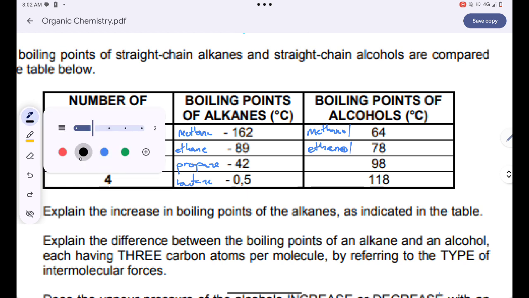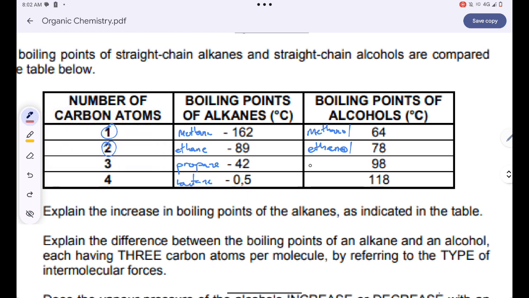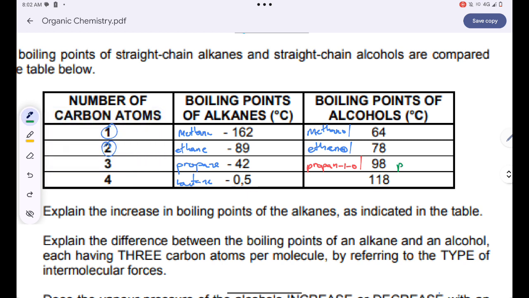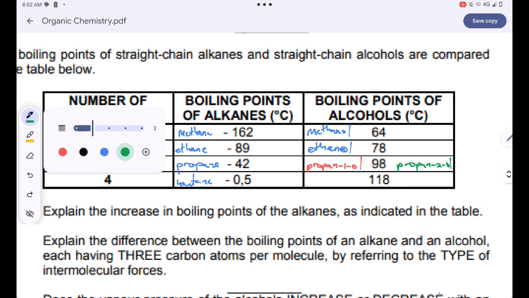However, this can be propane 1-ol, or it can also be propane 2-ol. The examiner will give us the direction, né?